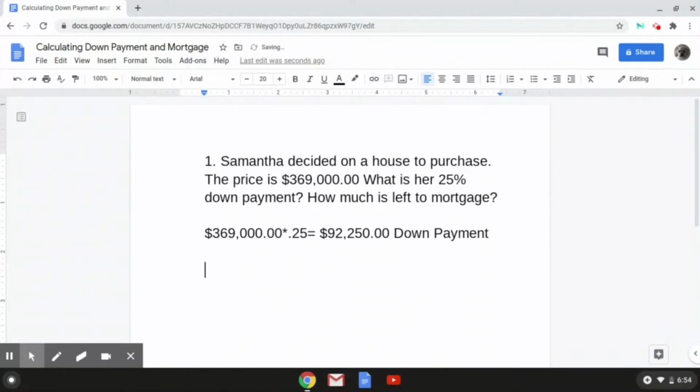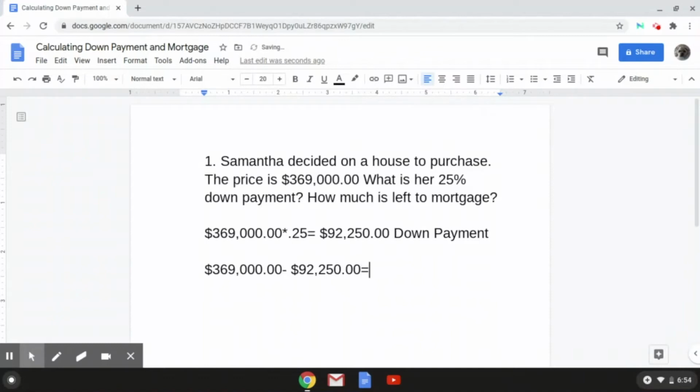Then, from here, in order to calculate the mortgage, first we're going to take the $369,000 and subtract it from the new down payment amount, which is the $92,250.